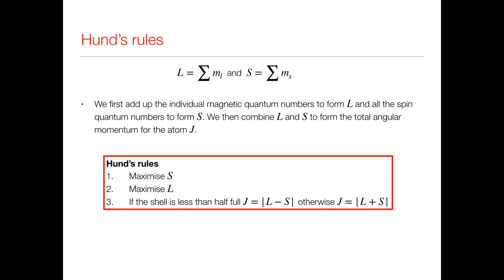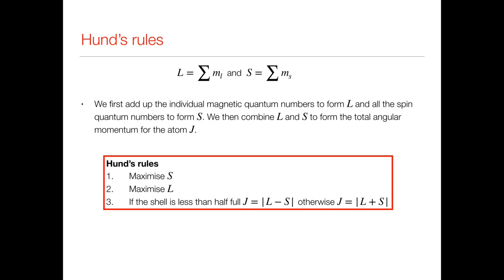There are many different ways of adding up angular momentum, and Hund's rules allow us to predict the most stable, the lowest energy configuration. I won't go into the basis of where Hund's rules come from.